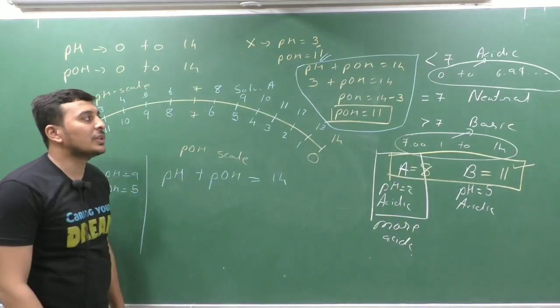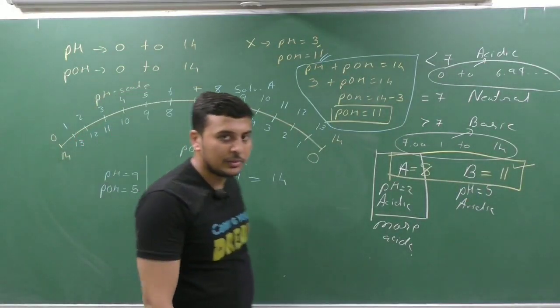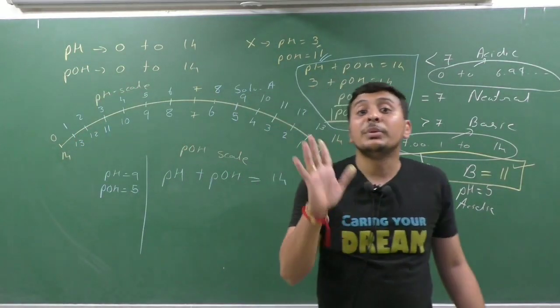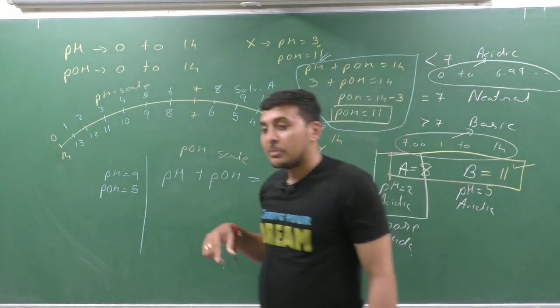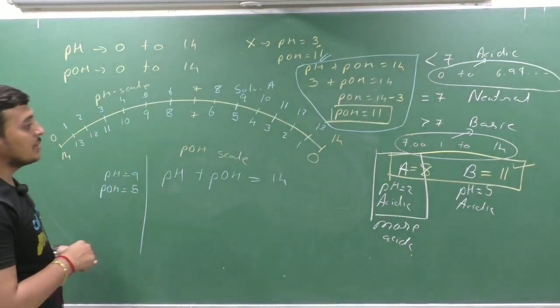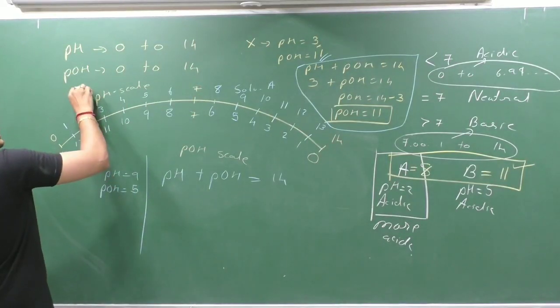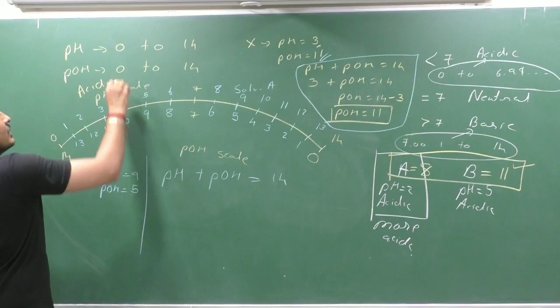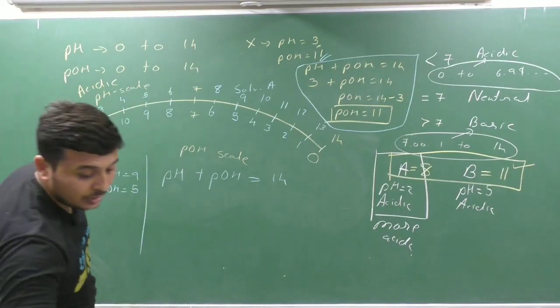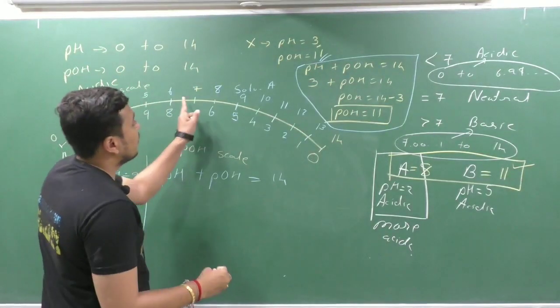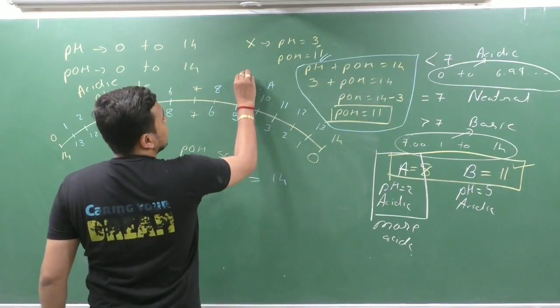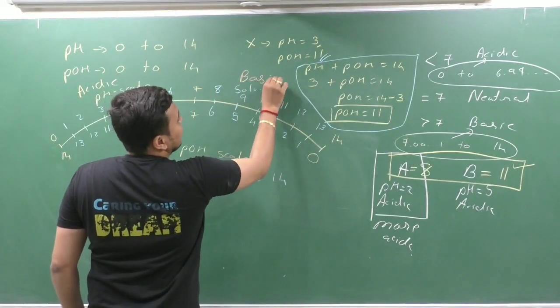For any solution, always pH plus pOH is equal to 14. But you have to remember, for the pH scale, if it is less than 7, then it is acidic. For pH greater than 7, it is basic.